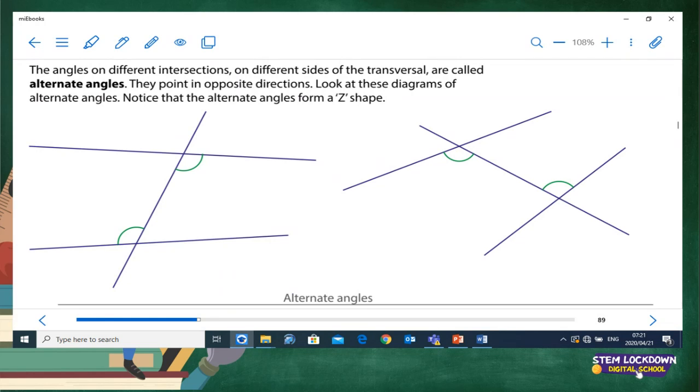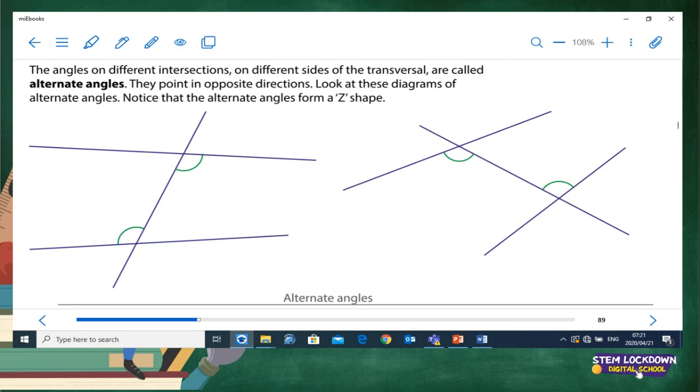So the angles on the different intersections on different sides of the transversal are called alternate angles. They point in different directions. Someone can say they form a Z shape, as you can see in the structure there.